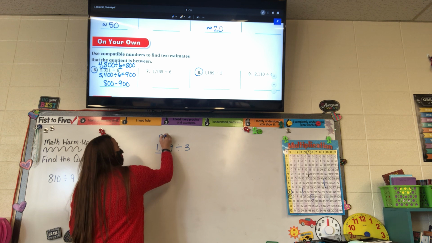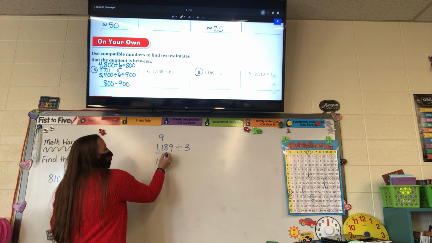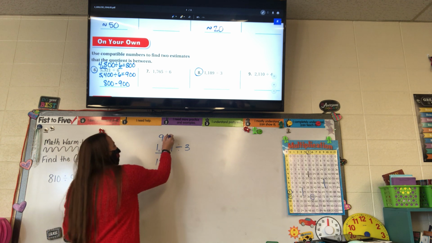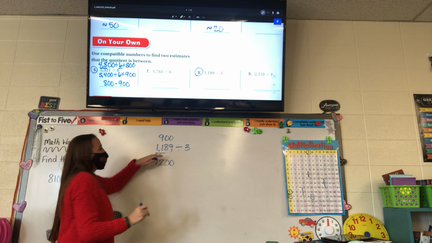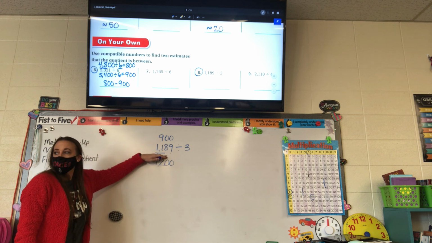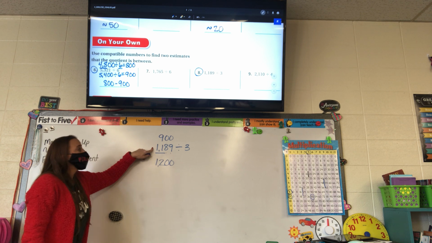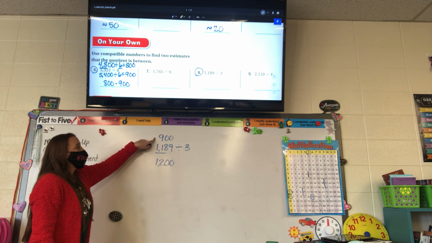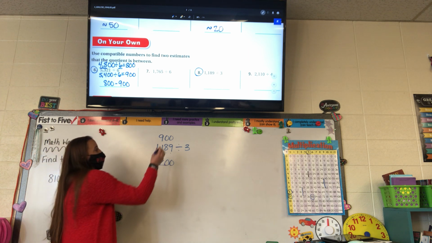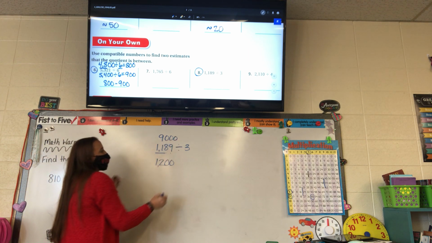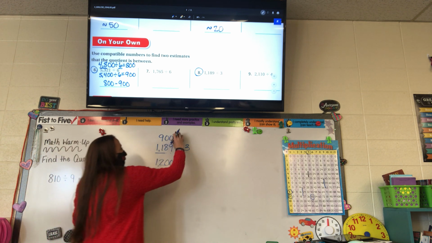This is why this one's a little trickier. How many zeros do we add on? 2. Even though this number has 4 digits, this one's only going to have 3 because we turned the 11 into a single digit number. Would 9,000 be close to 1,000? No. So you have to think about it like that.